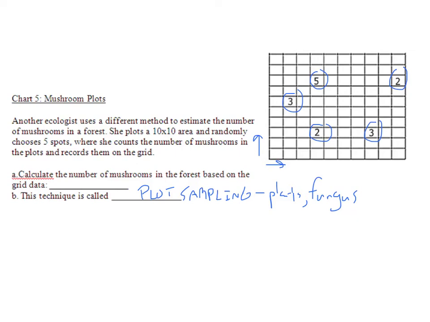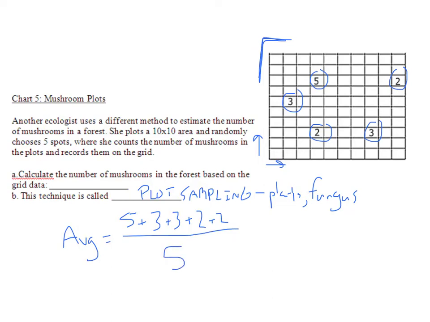Now, the way that we can use this to estimate how many mushrooms are in this whole thing is by finding an average and applying that to every square. So if we find the average of these numbers that she collected, 5 plus 3 plus 3 plus 2 plus 2, all over 5 values, this is going to equal 3.